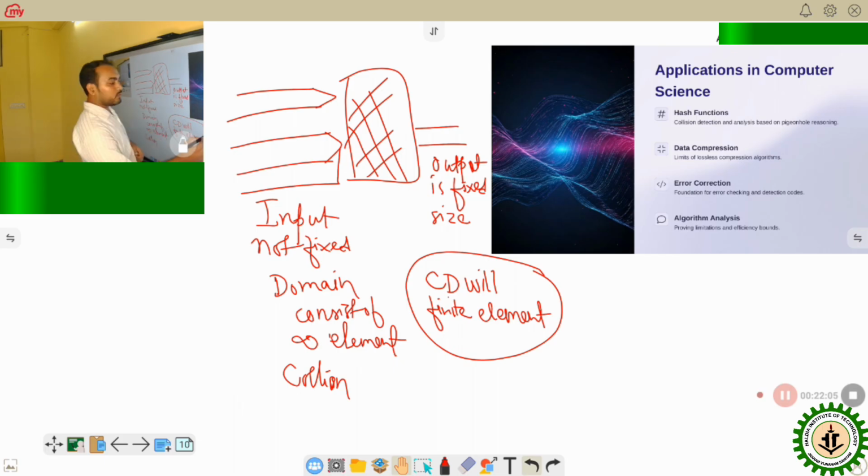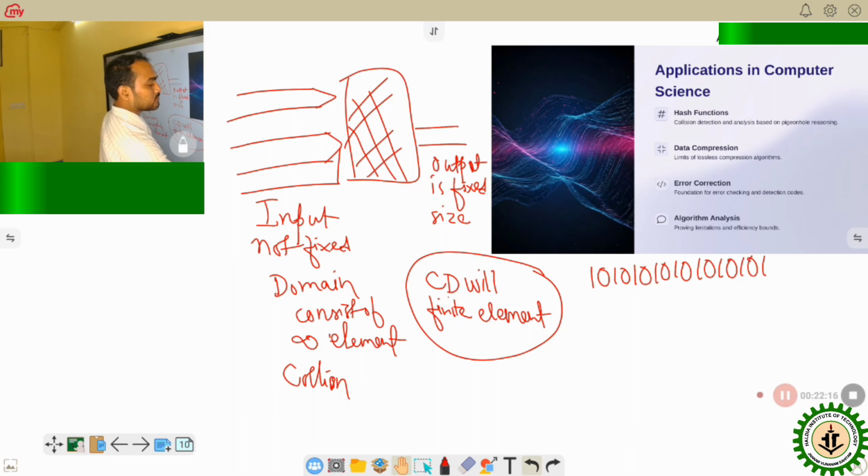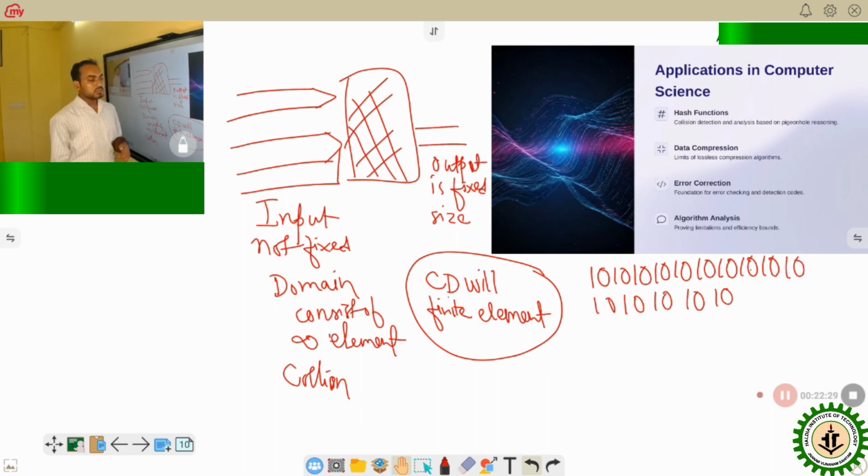Suppose one of the statements can be transferred to a binary value. Suppose the sentence or the paragraph is transferred to a binary digit, consisting of 15 multiples of 10, and we can redefine this as compression.